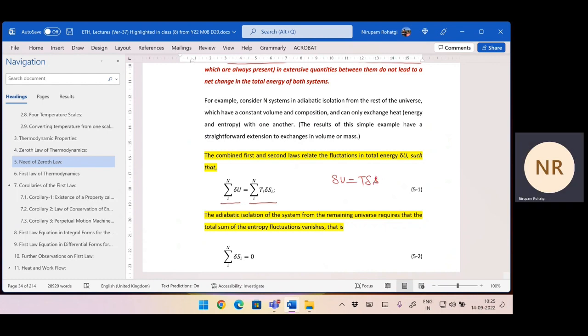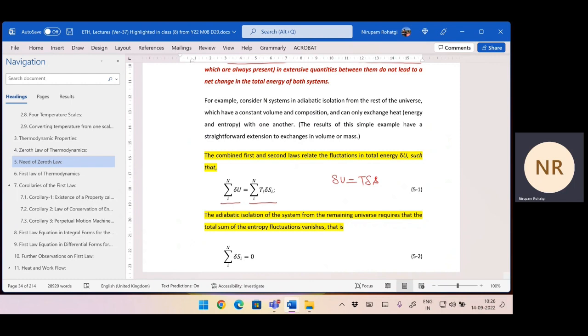So when some heat is going to one body, its entropy will increase, and the body which is losing the heat, its entropy will drop. Now this is what you are summing up. This is the change in heat. So delta U will be equal to Ti delta Si. Whenever some heat is given to a body, its internal energy will change by delta U, and its entropy will change by delta Si, and when you multiply it by Ti, it will be equal to delta Ui.